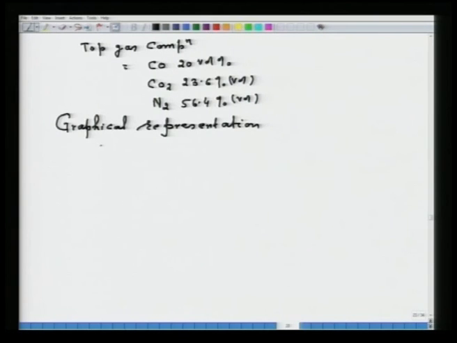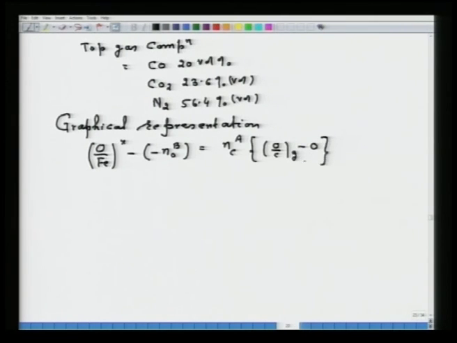We have the equation O/Fe x minus n_OB is equal to n_CA into O/C_G minus 0. Now, this equation is very similar to y2 minus y1 is equal to m into x2 minus x1.